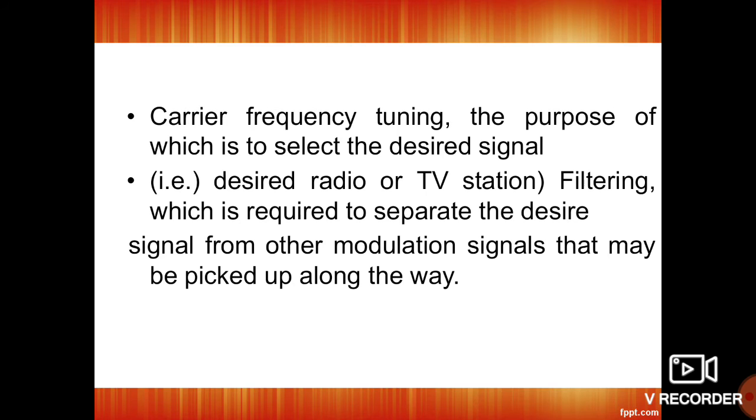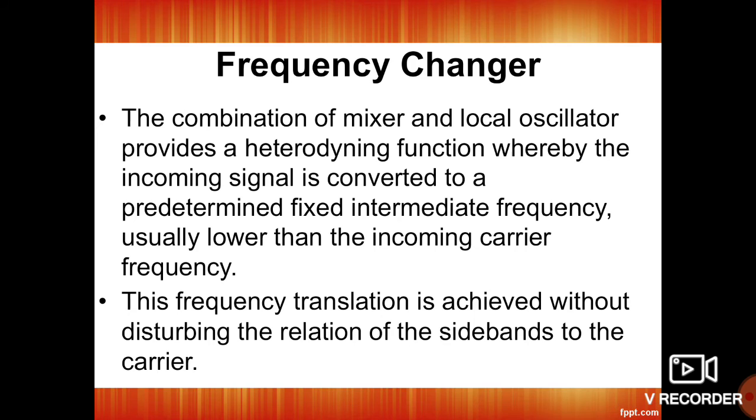The carrier frequency tuning is just to select the desired signal. That is the radio or TV station filtering, which is required to separate the desired signal from other modulating signals. Here one frequency change circuit is inside, among the different stages: the combination of mixer and local oscillator.